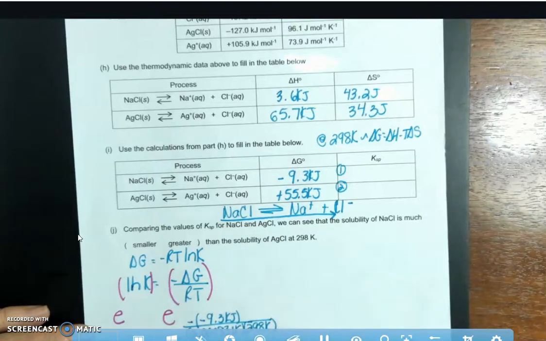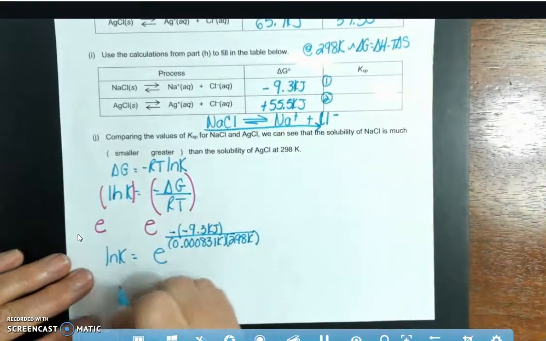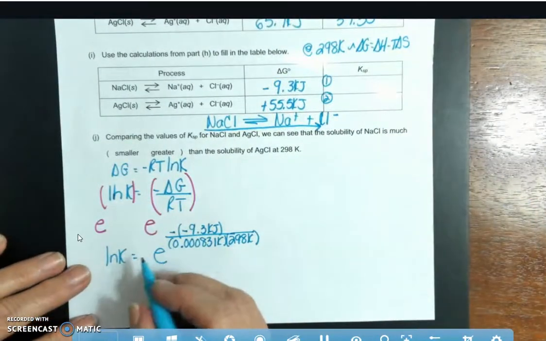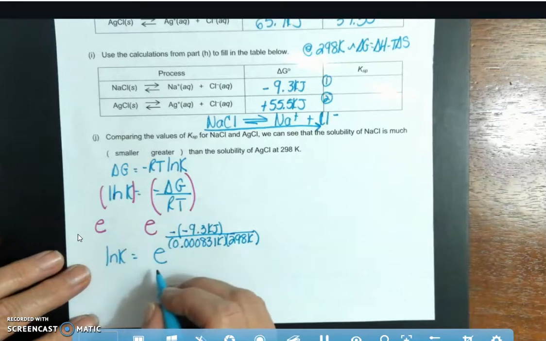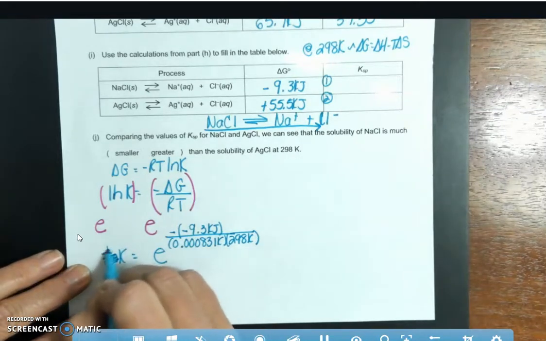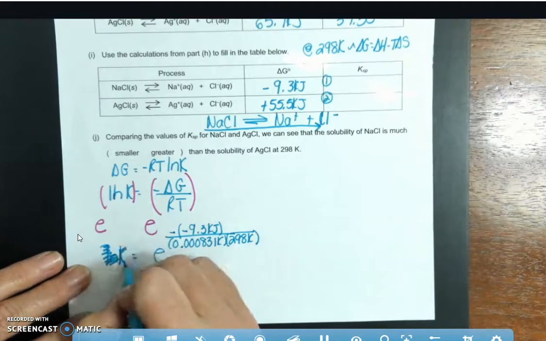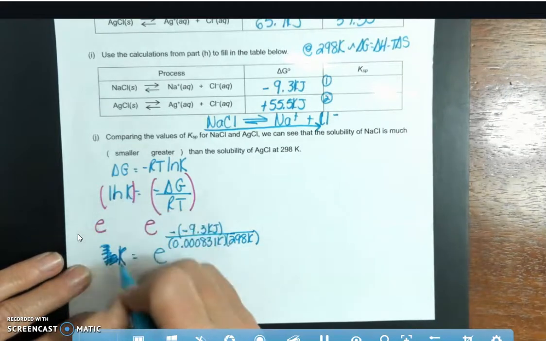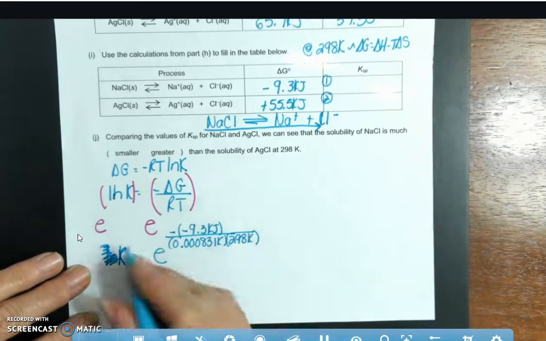Times 298 K. Okay, and that's going to mean that K is equal to, made a mistake there. If I take e to the ln of K, I get K. So K is equal to all that.